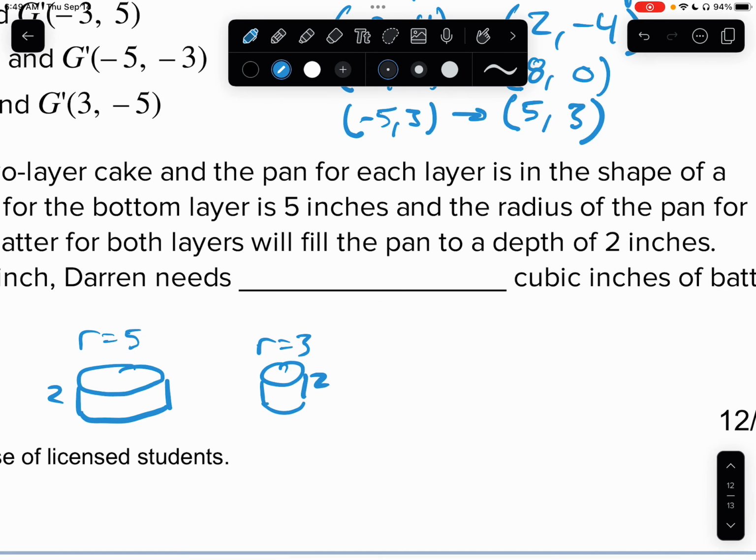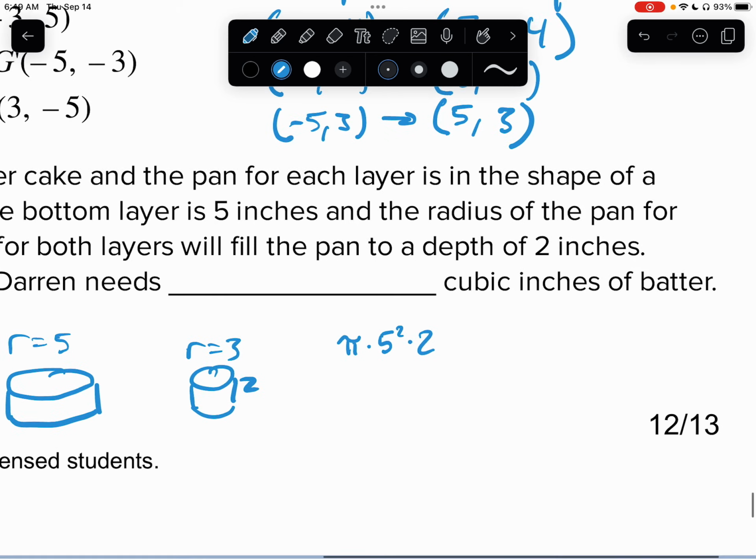So it'll be pi times 5 squared times 2 for this first cylinder. That's the lower tier. And then the other one will be pi times 3 squared times 2 because the other one has a radius of 3.